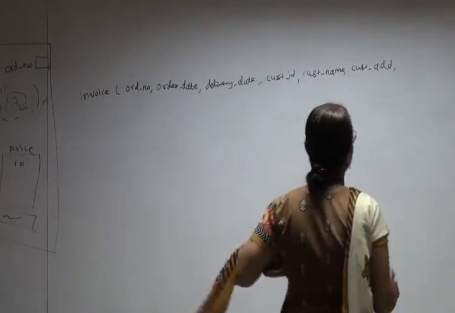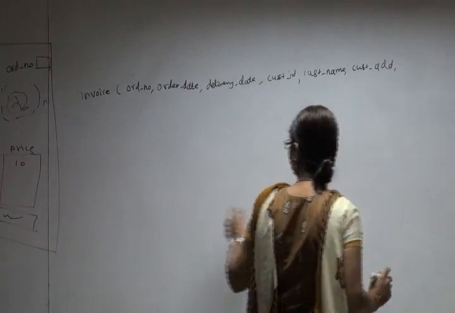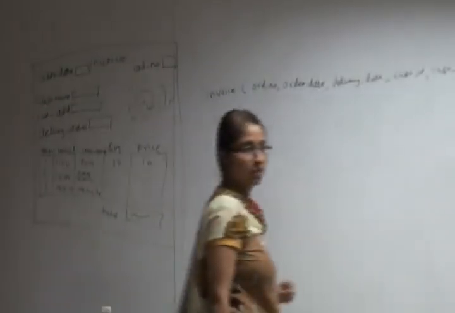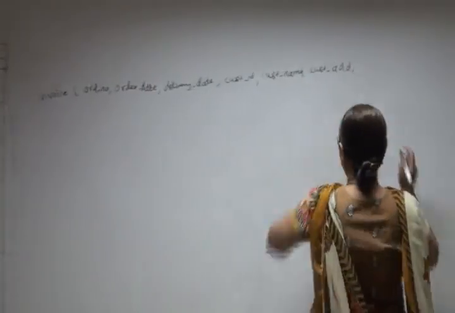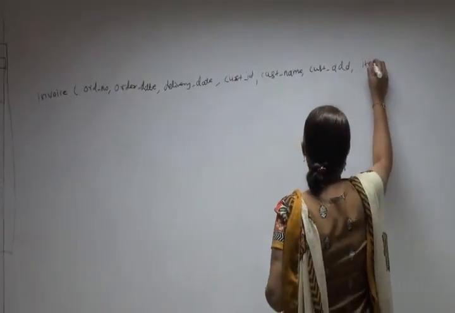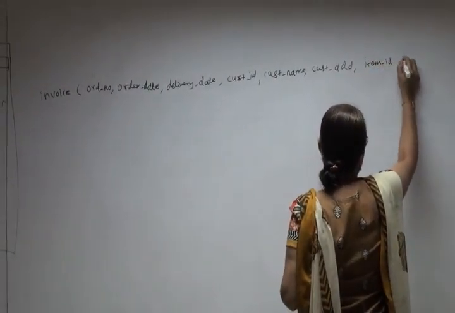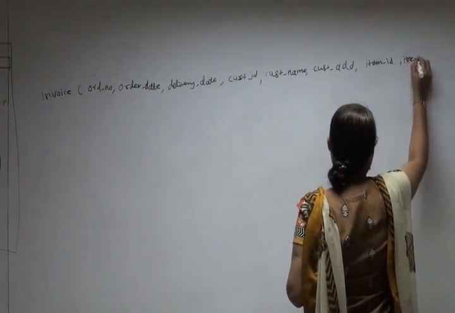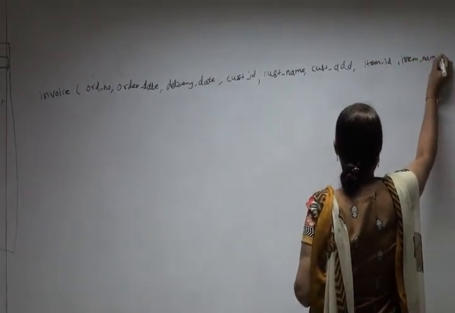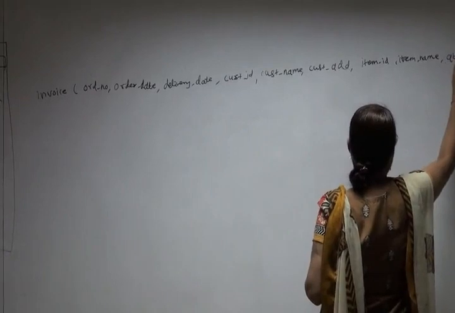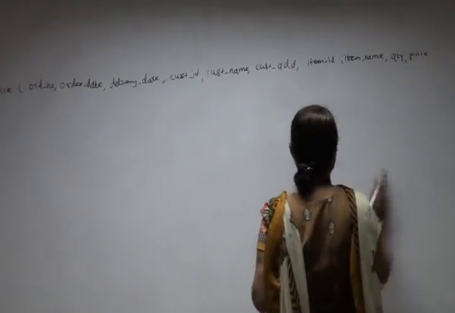Then we are having items, so in one order we can have the item ID, item name, quantity and the price.